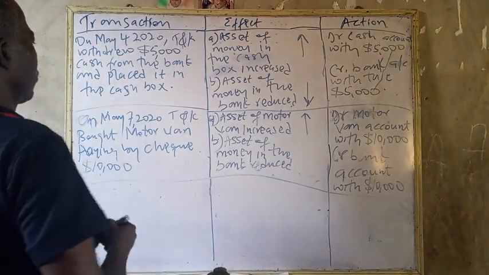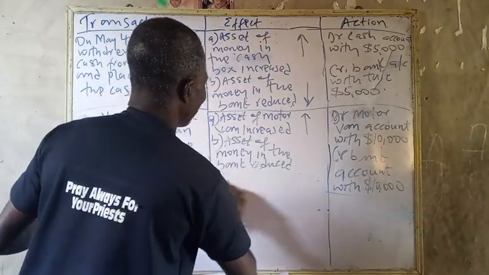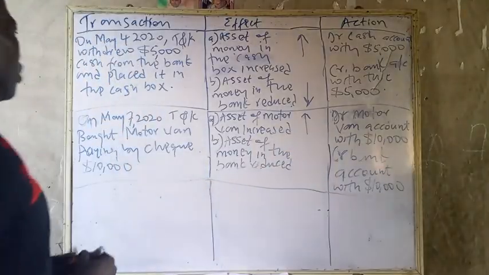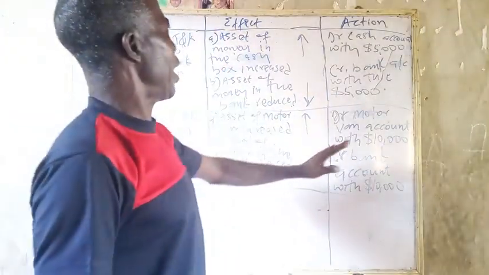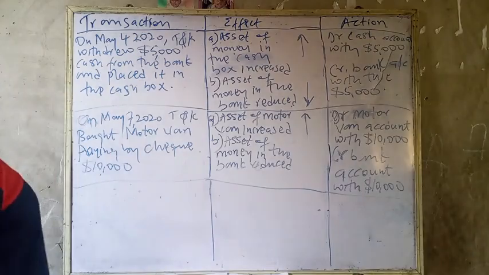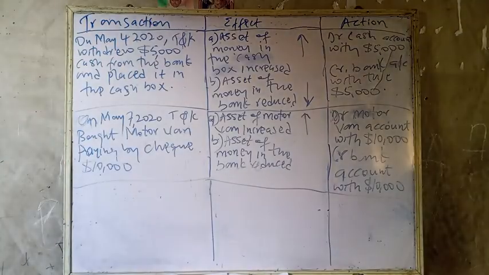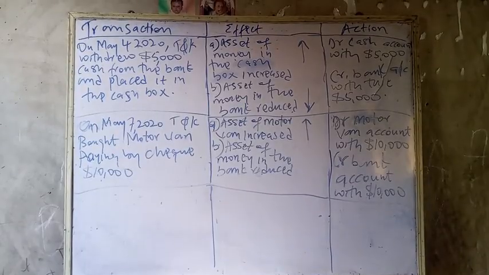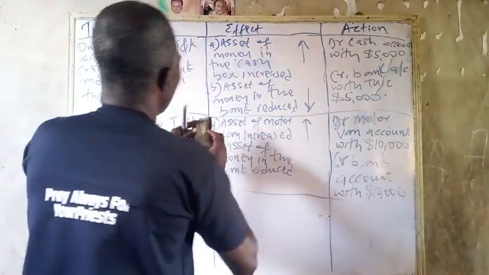This is the transaction, effect, and action. So we go to the 5th example.